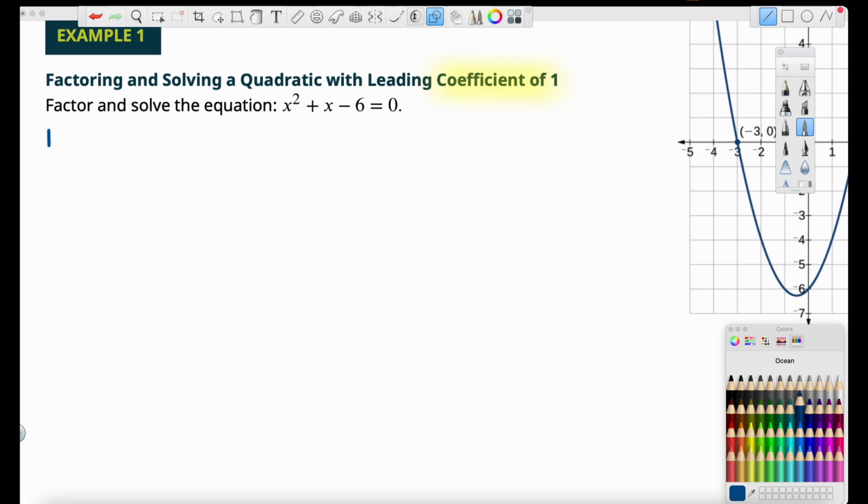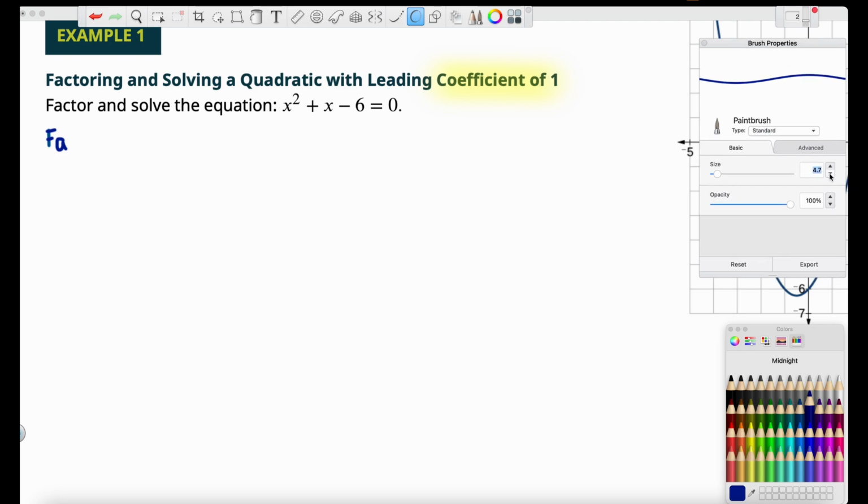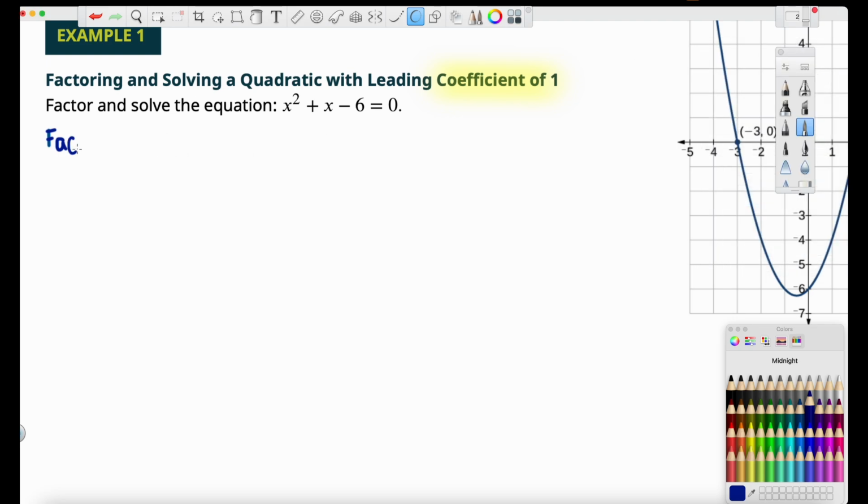And so we know that we need to find the factors of -6 that add to 1.